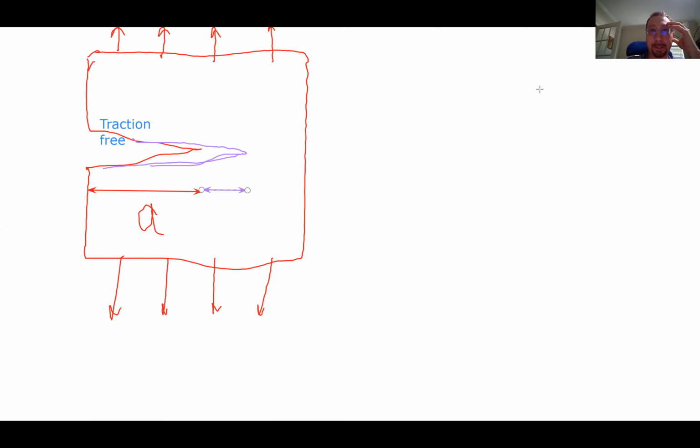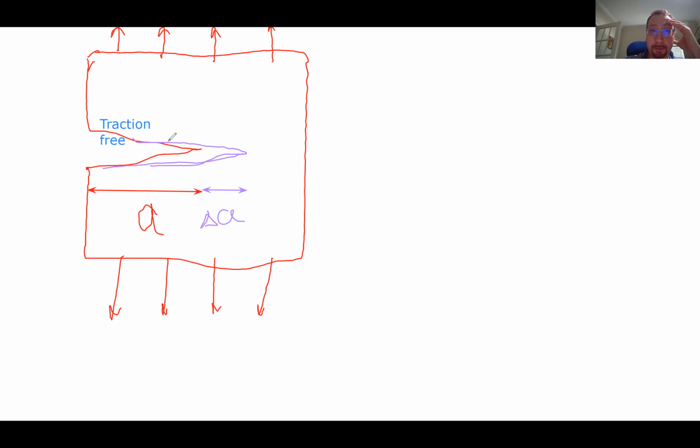And so basically now I have the crack that has grown by some amount delta A, okay? Now, you remember I said these parts are traction free?